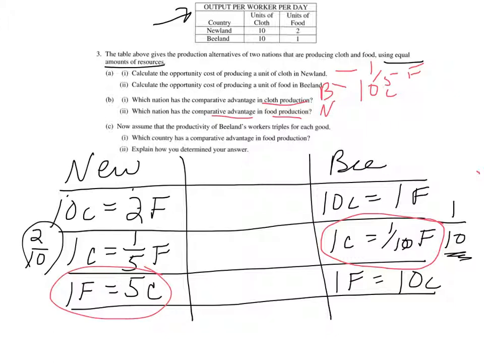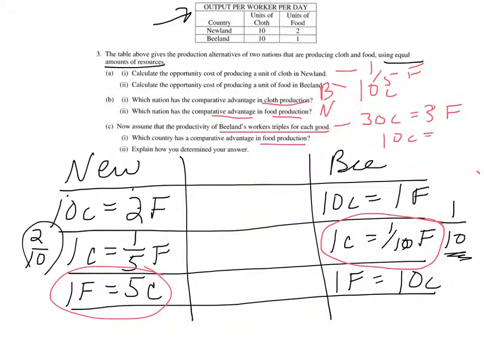So I've already gotten myself 4 points. Then it says, now assume that the productivity of Beeland's workers triples for each good. Which country has the comparative advantage in food production? Well, that doesn't change anything, because this would be 30 units of cloth equaling 3 units of food if we tripled production. And that's just going to reduce down.